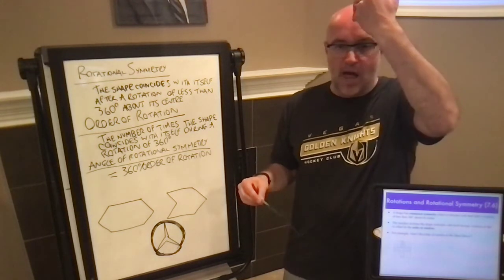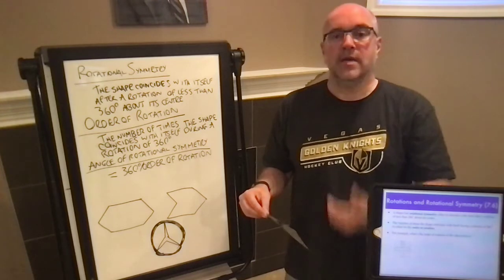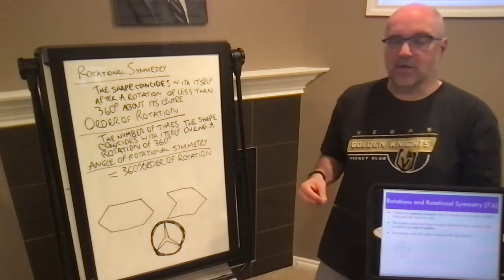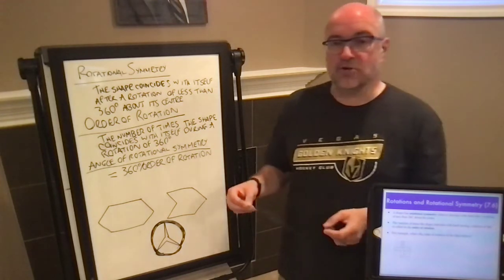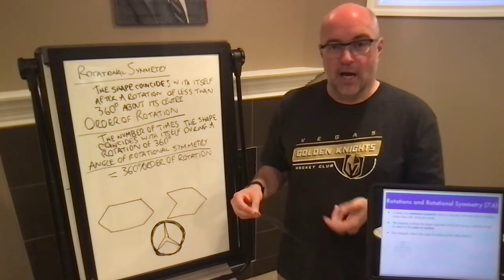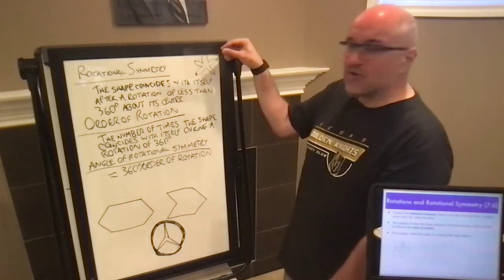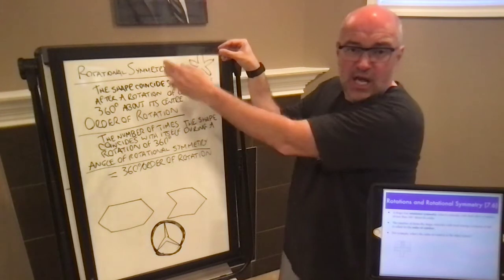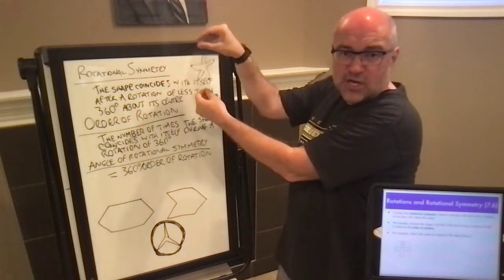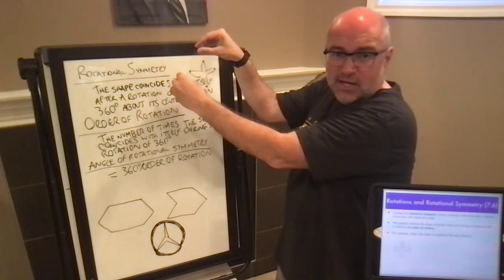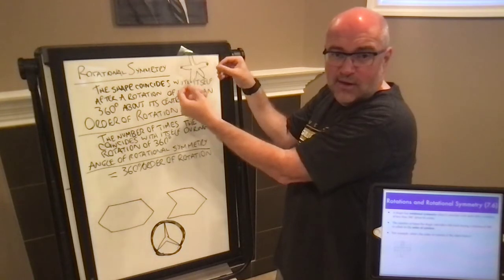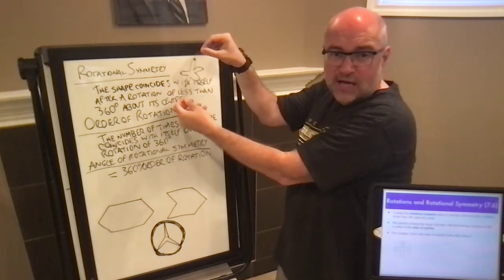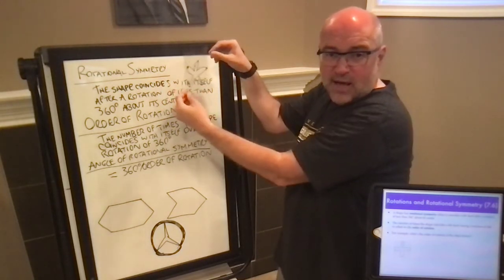Most organisms have linear symmetry down the middle. They have line symmetry, but these organisms are actually symmetrical on a rotational aspect. Again, I haven't drawn this perfectly. Here's my little starfish. If you rotate the starfish about 5 times, you're going to have the same look to that starfish as you come around.